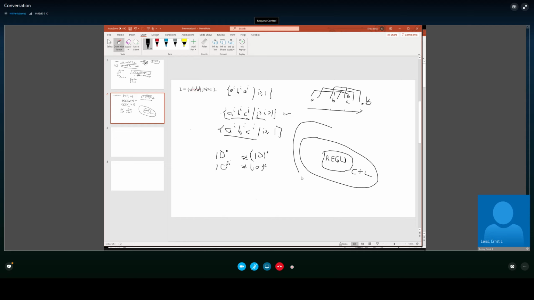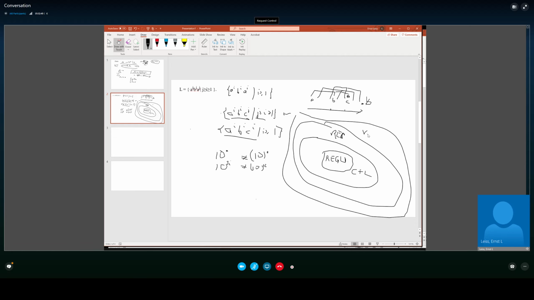And then we have recursive languages. And then we have RE languages. But all of these are, of course, very, very few compared with all languages.